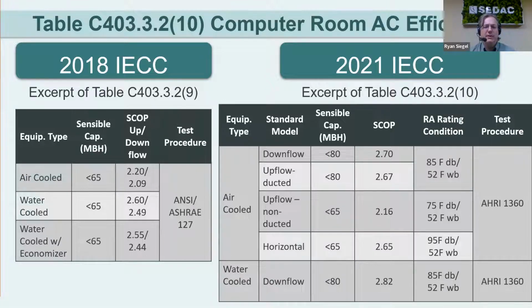So trying to really help dial in and understand that just by equipment selection alone and just choosing a particular method, it works, but we really need to do a better job of that. And so they've really helped expand this table. Computer rooms, and particularly data centers. So this is something that, again, ASHRAE 90.4 is going to be working to address as well.